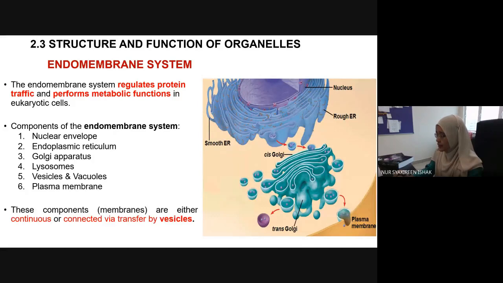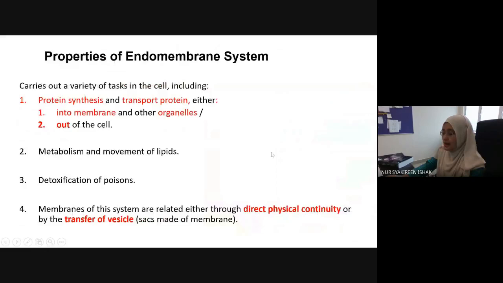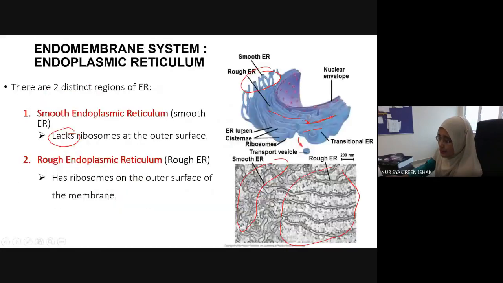So the membrane of the nucleus, the smooth ER, the transport vesicle, the Golgi apparatus, the lysosome, or the plasma membrane was originally made by the RAF-ER. So RAF-ER, that's why dia bertindak sebagai membrane factory for the cell.